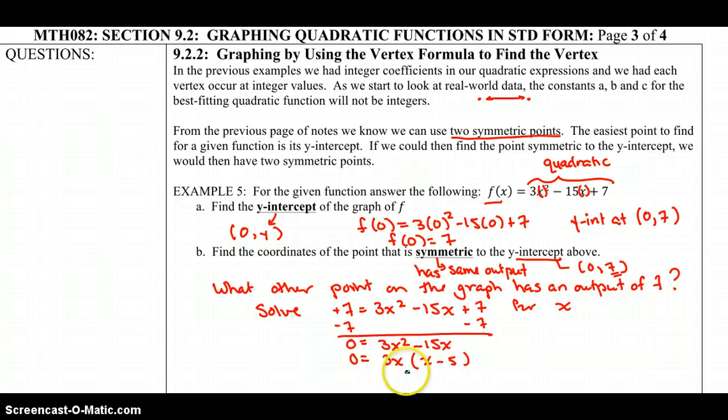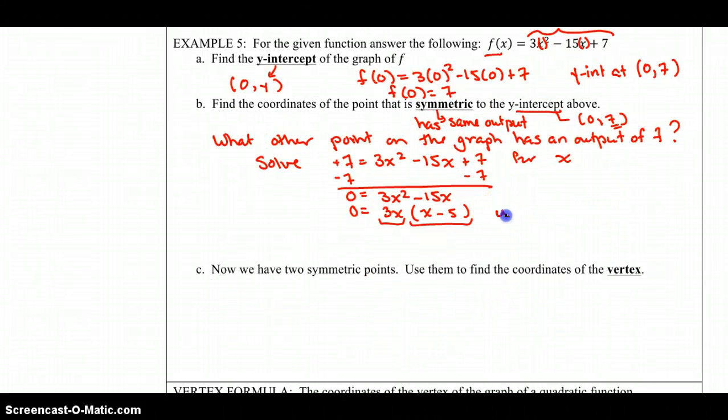Now we have 0 equals the product of two factors, so we can use the zero factor property. If two numbers being multiplied together give us 0, at least one of them has to be 0. So either 3x equals 0 or x minus 5 equals 0.